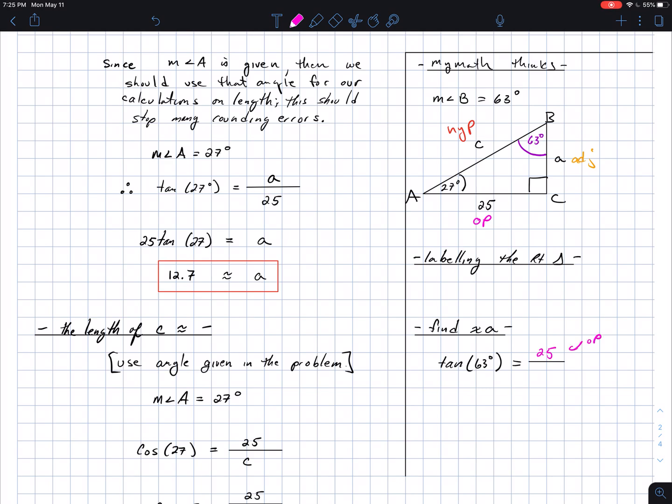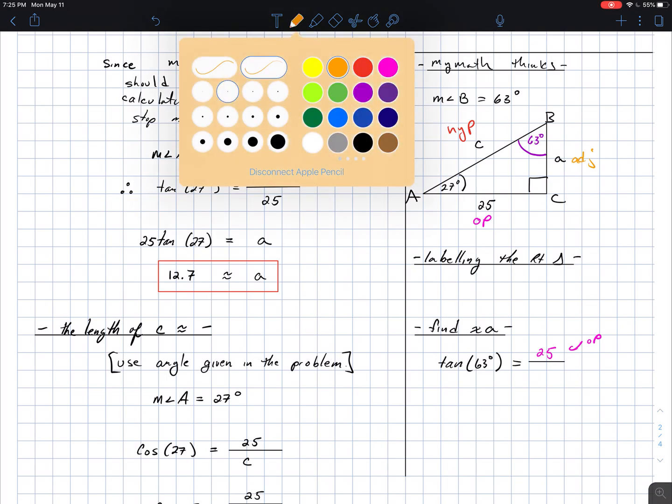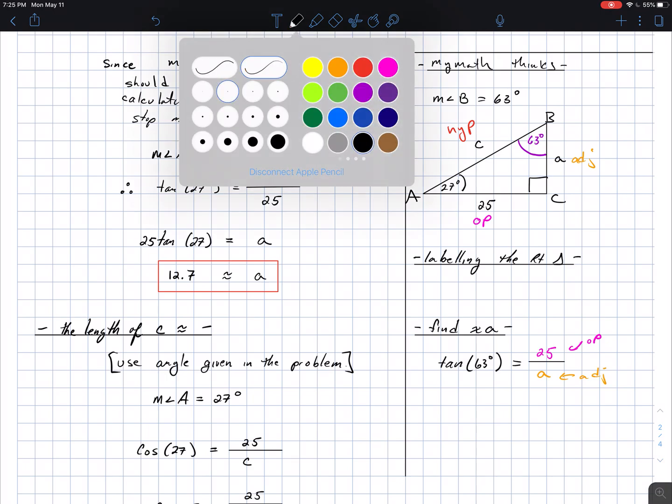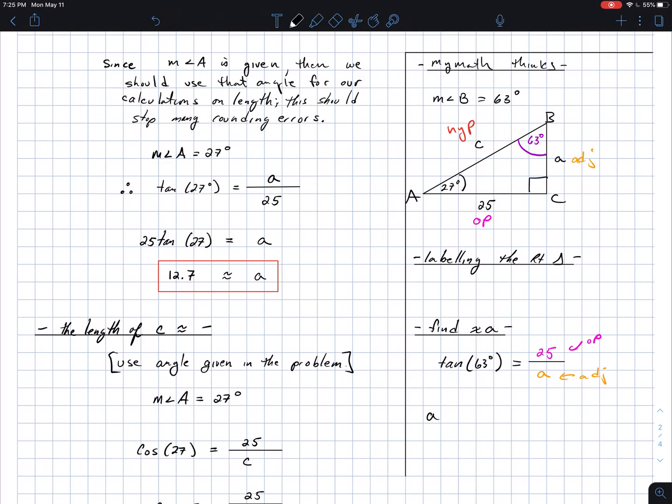Over the adjacent. Good. A, the adjacent. And then all we have to do is solve. That says that A is equal to the 25 divided by the tan of 63 degrees.